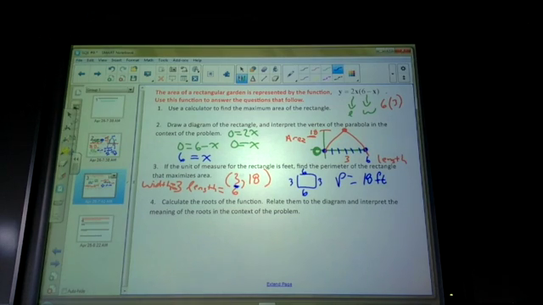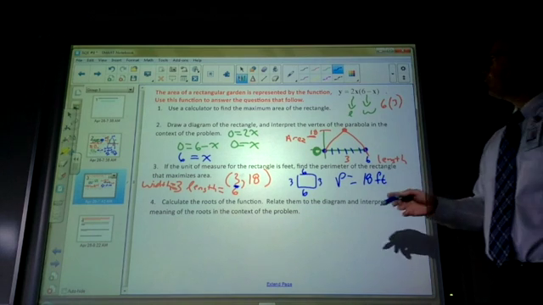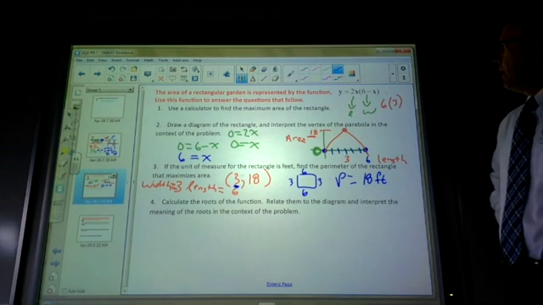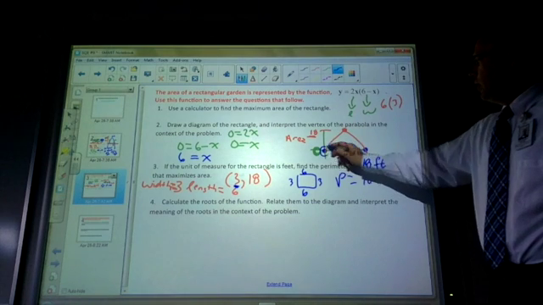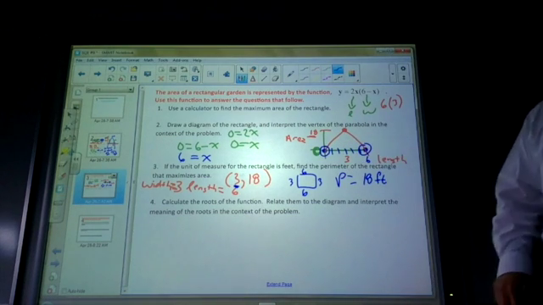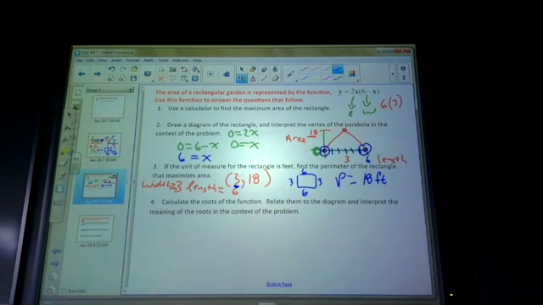Calculate the roots of the function, relate them to the diagram, and interpret the meaning of the roots. Well, our roots are here and here. Our roots aren't dealing with the garden of our vegetables. If I have an x value of 0, a length of 0, wait, I'm not going to have a length of 0.